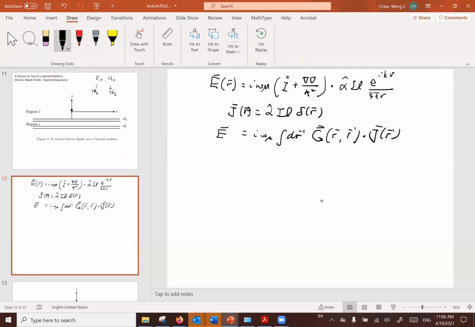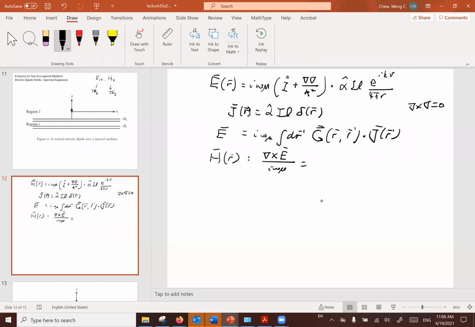And then you can also obtain your H field by using Maxwell's equation. It's given by curl of E divided by i omega mu. If you plug that in and take the curl, the second term goes to 0. Many of you did not use the fact that curl of grad is always equal to 0, and carried your manipulation through assuming that curl of grad is not equal to 0.